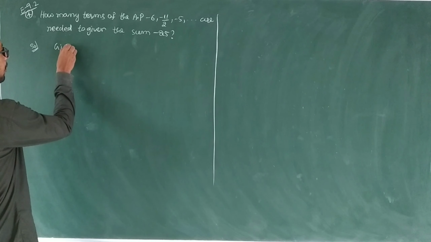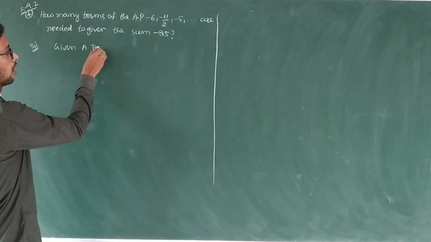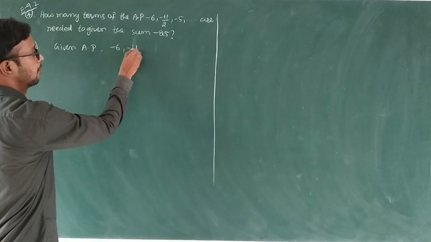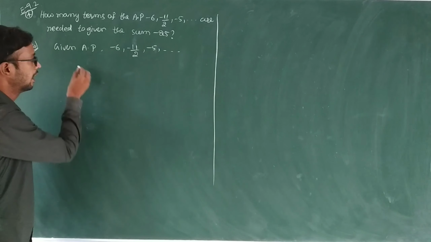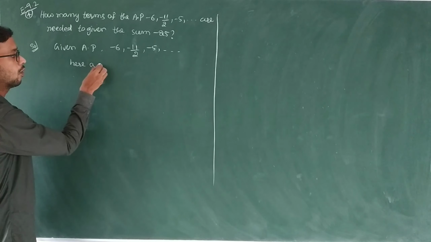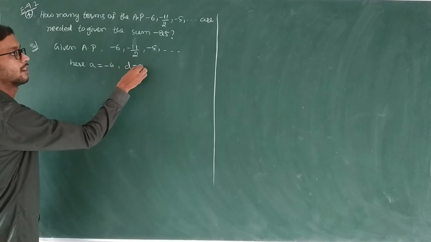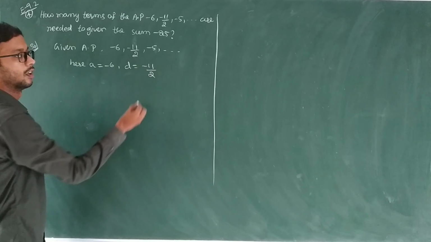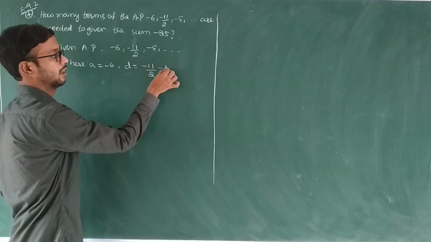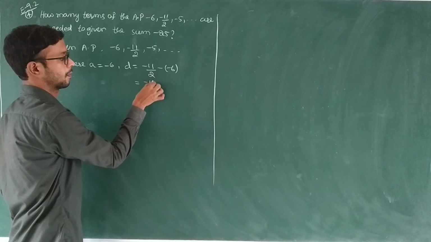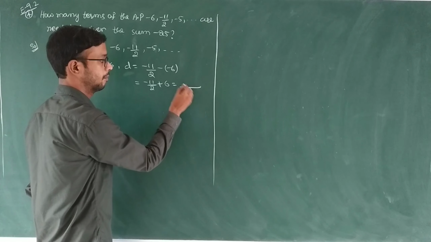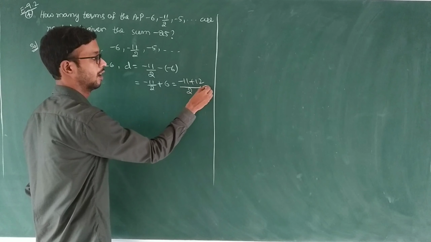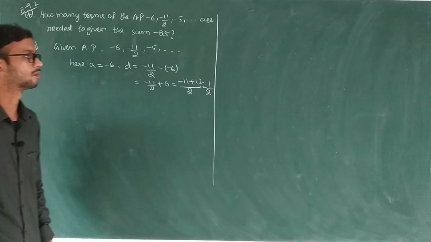Given AP, arithmetic progression: minus 6, minus 11 by 2, minus 5, and so on. Here A is equal to minus 6. D is the common difference, second term minus first term, that is minus 11 by 2 plus 6. Taking the LCM, minus 11 plus 12, that is 1 by 2.